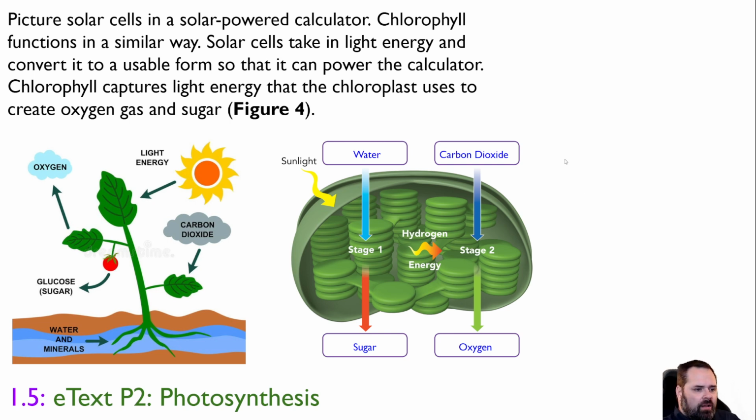So we've got our chloroplast here, right? We've got our chlorophylls here, right? And the water and carbon dioxide are coming through here, and they're producing sugar and oxygen.